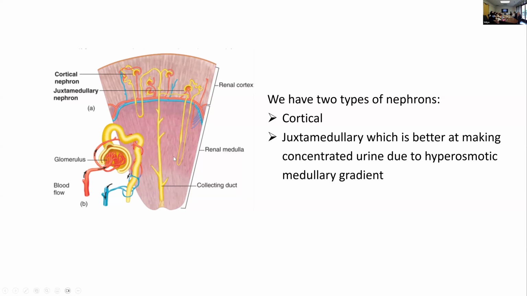This is because the renal interstitium here is hypertonic, or hyperosmolar. And it also has a salt gradient. The deeper you go, the higher the salt concentration is. And this gradient helps in concentrating the urine by reabsorption.